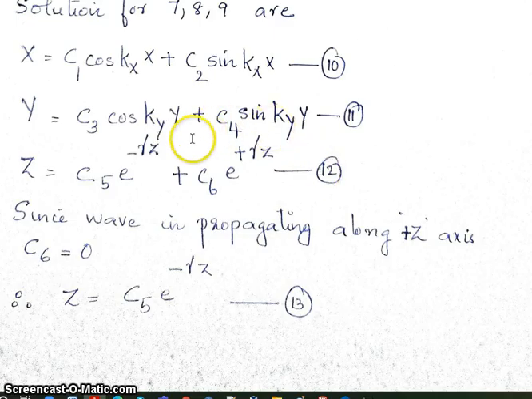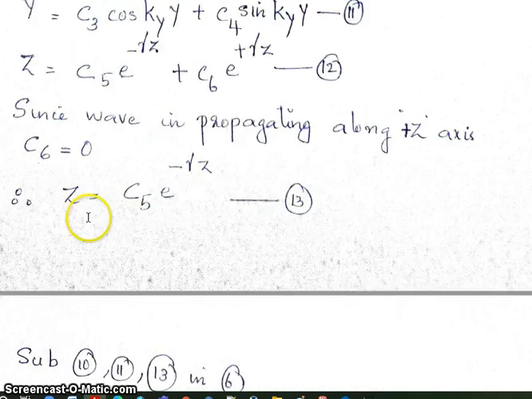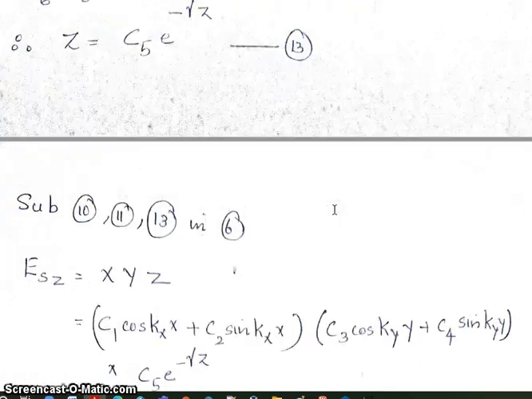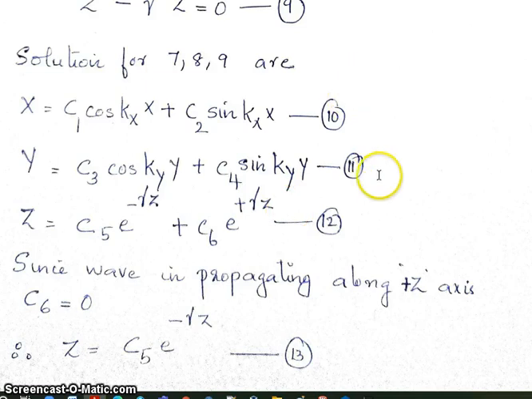So here I can write C6 is equal to 0. So finally I will get Z is equal to C5 exponential minus gamma z. That is equation 10. Next I am going to substitute 10, 11 and 13 in 6.